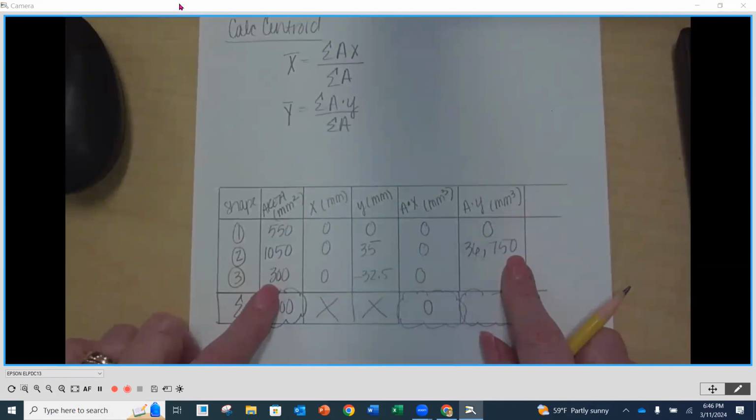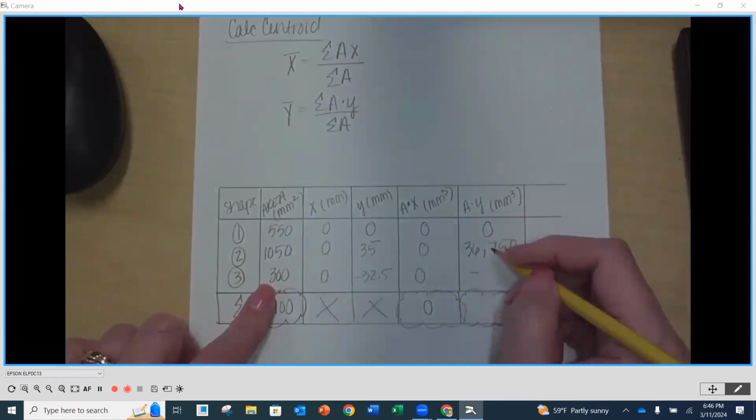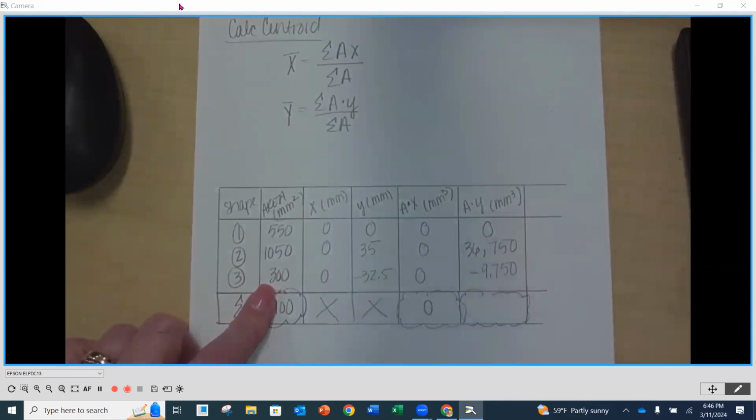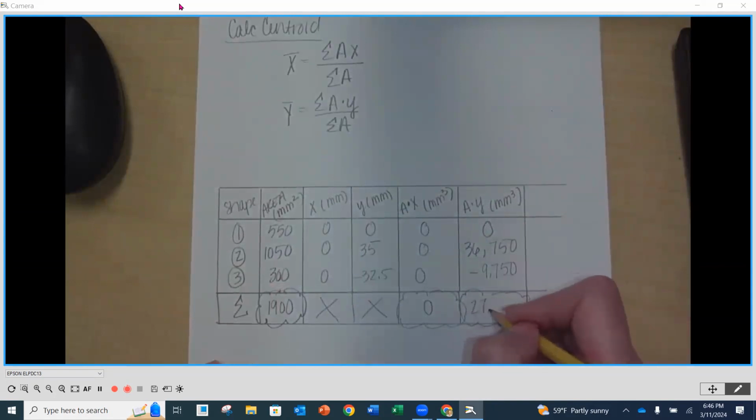And then for this last one, it's going to be 300 times negative 32.5. So this is going to be a minus 9,750. So we're going to get 27,000 for the total there. Any questions so far?